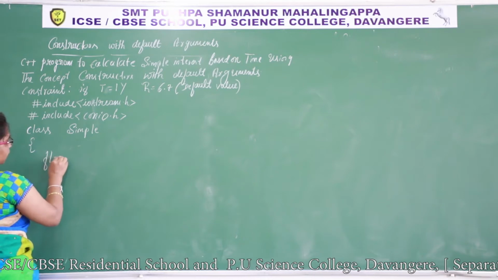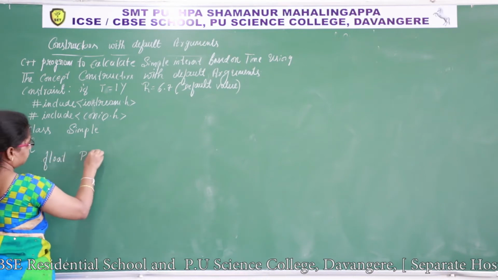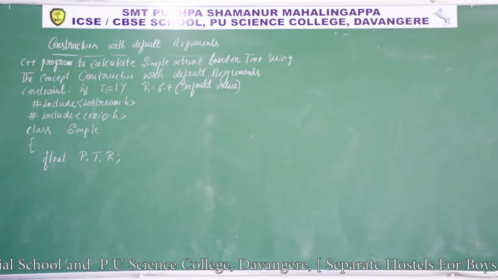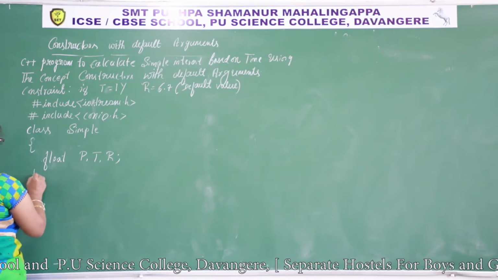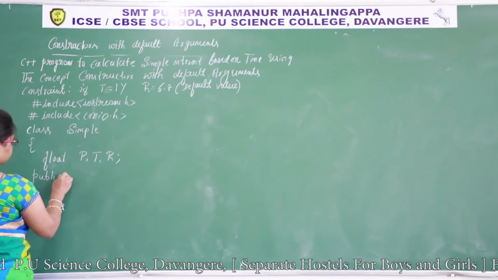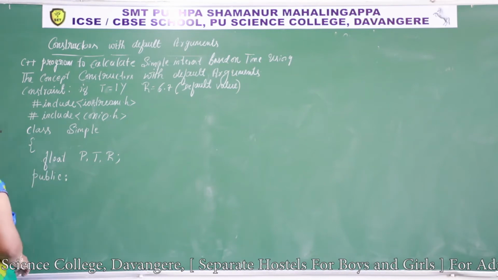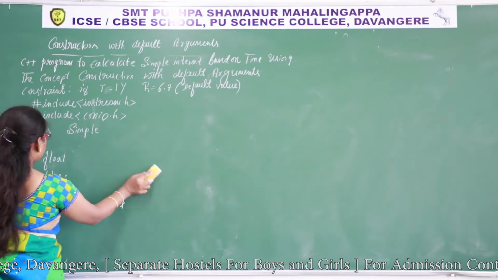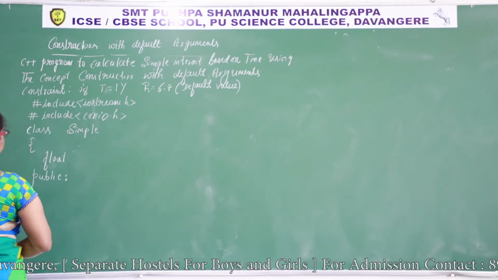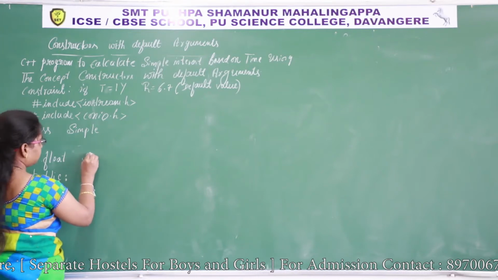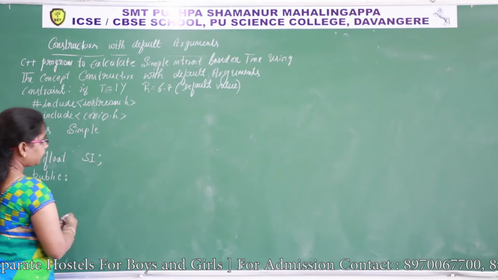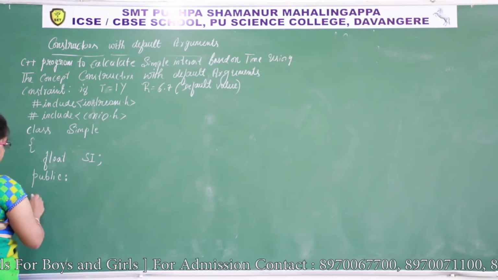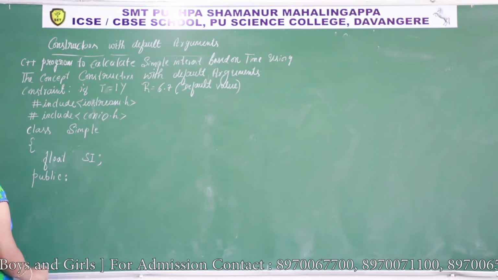I'll take floating type values, float p, t, r. Then in the public section, I'll do one thing. I'll take only one data member to store the result, simple interest, SI, and the remaining things I'll pass from the main function. So now I'll leave it like this.